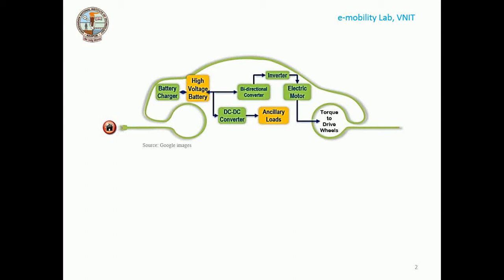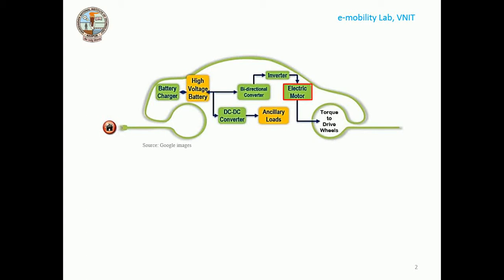These are the components we should have for an electric vehicle. Of course, this image is not mine, it is taken from Google Images. First of all, we should have a fuel source, here the battery, then charging infrastructure for this battery, and we drive our load by means of an inverter, and DC loads, that is the interior loads of a vehicle.